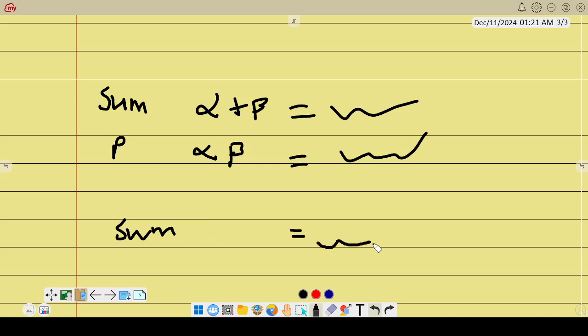When we simplify the sum of the new equation, we're going to be given roots. They tell us that the new equation will have certain roots.